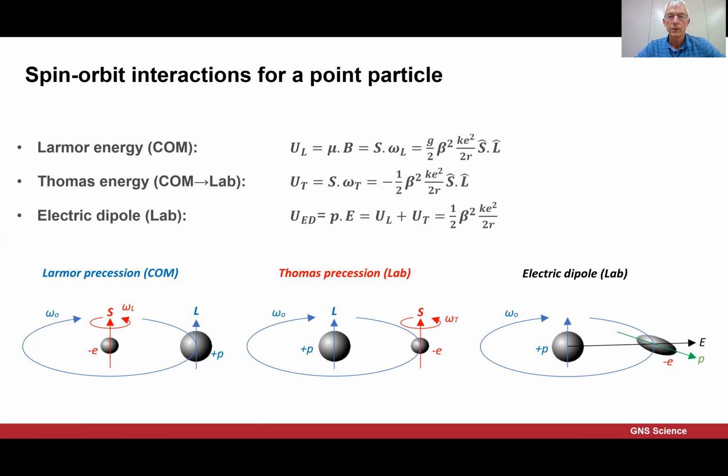But what was found was that this was twice as large as what was observed experimentally. And then Thomas came along and showed that there needed to be a relativistic correction to this center of mass Larmor energy equation to correct that for what we would expect in the lab frame.